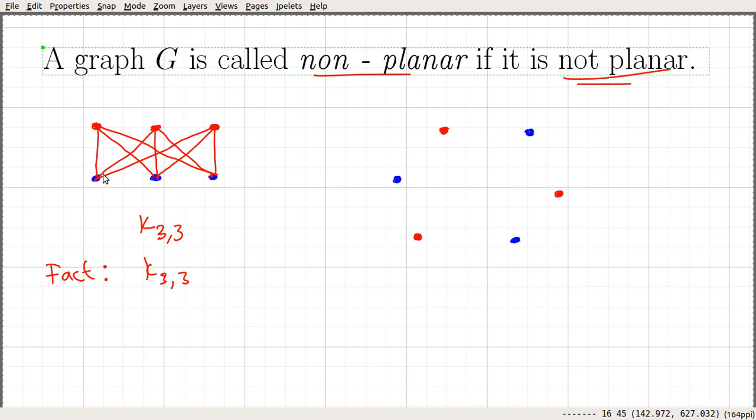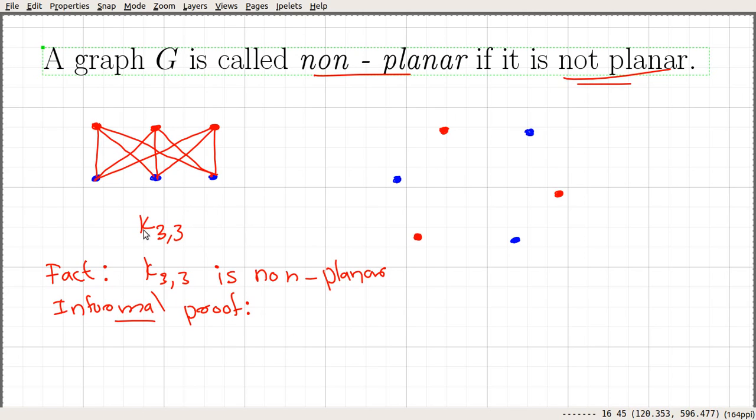I labeled the vertices of one part as blue and the other part as red. The fact is that K33 is non-planar. Let me give an informal proof for this; we will formally prove that K33 is non-planar in a later video.